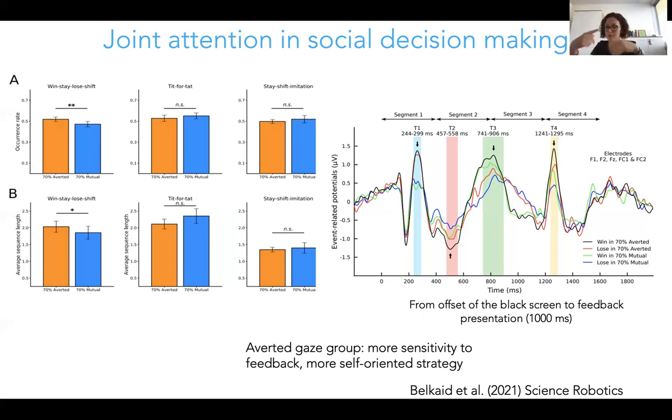So you start processing whether you're winning or losing. But then at the end, when you actually get the feedback, very interestingly, you see also an effect of gaze as a main effect and an effect of whether you won or lost. And that's quite striking, because the gaze happened way, way earlier and still affects the way you process your feedback. So that is quite interesting to observe.